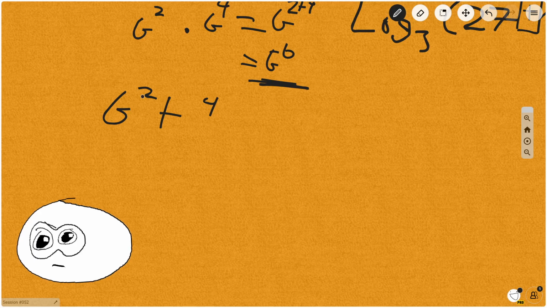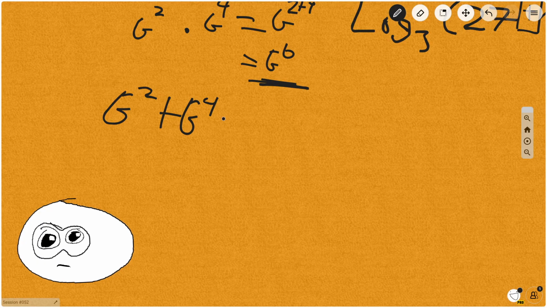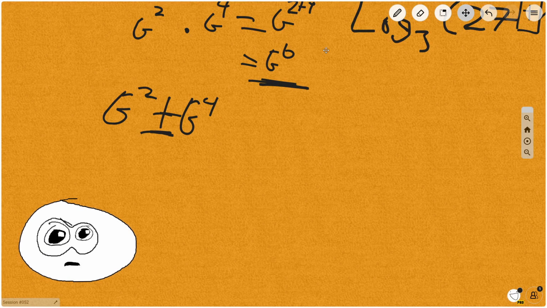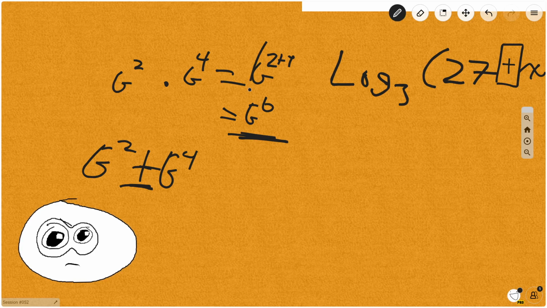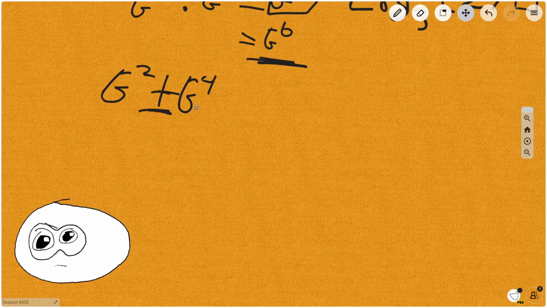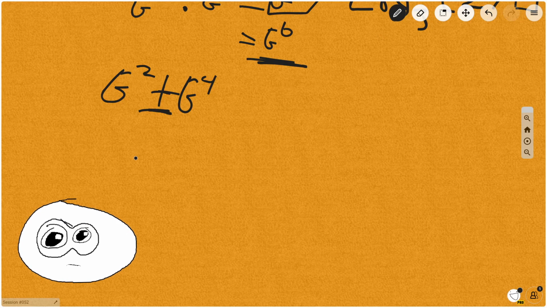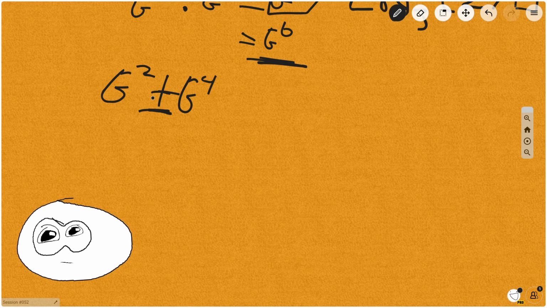But if you have g to the power of 2 and g to the power of 4, and they're added to each other and not multiplied, you cannot add up the exponents. This would have to be a separate process, where they're just kind of apart. This might just be your answer.